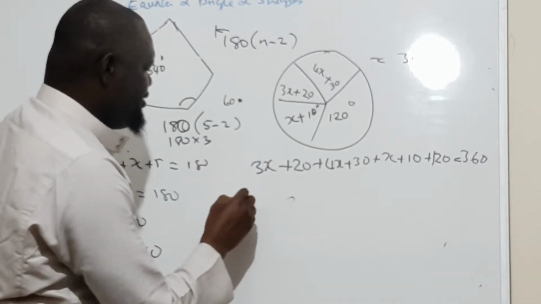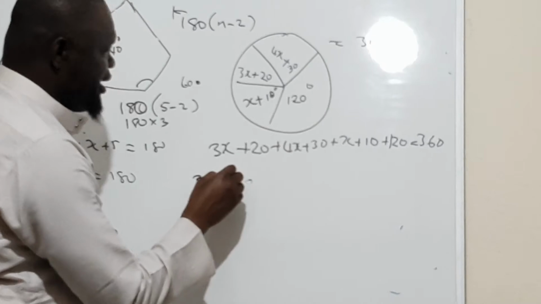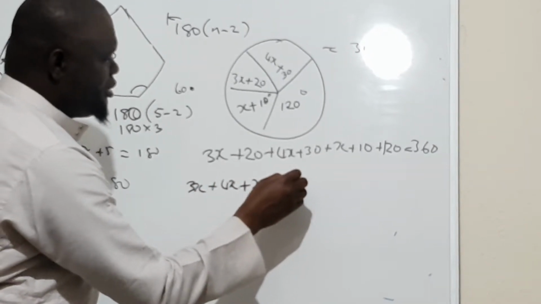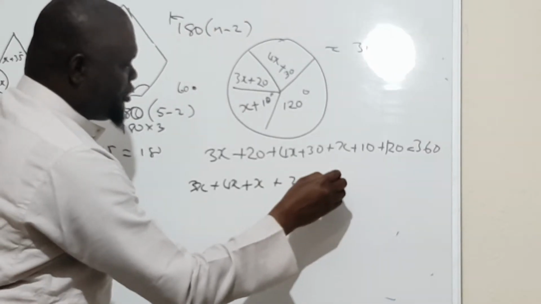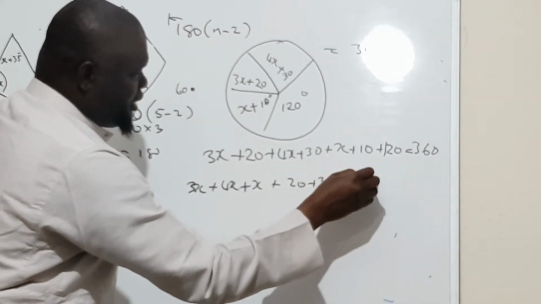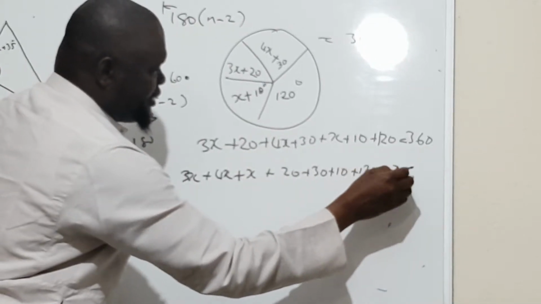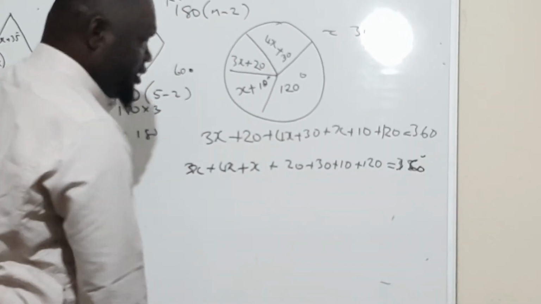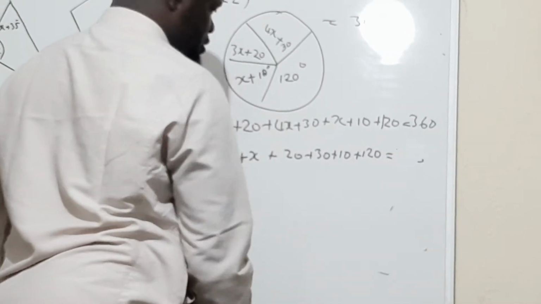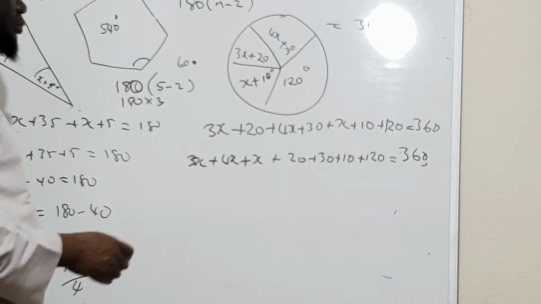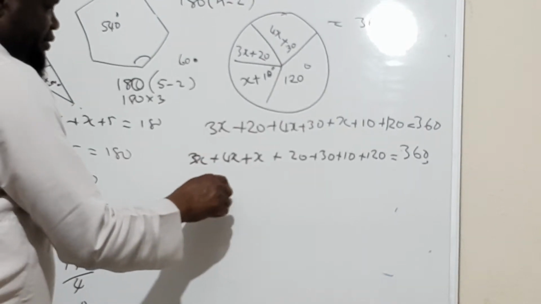We'll have 3x plus 4x plus x plus 20 plus 30 plus 10 plus 120 is equal to 360 degrees. All the x together is 8x.